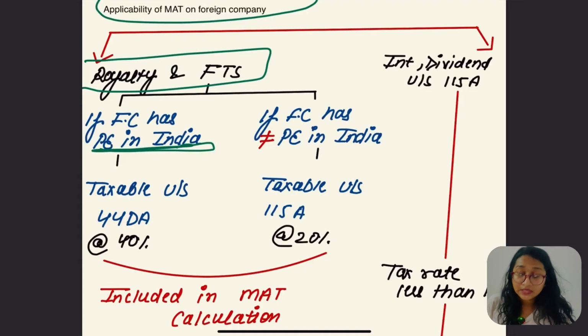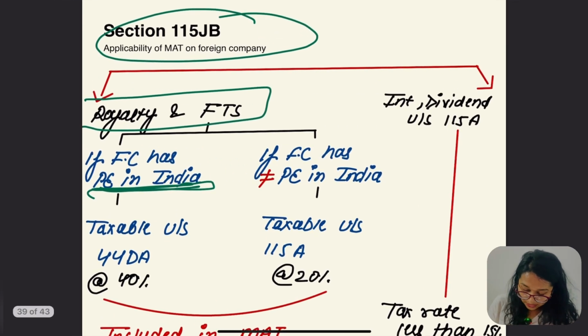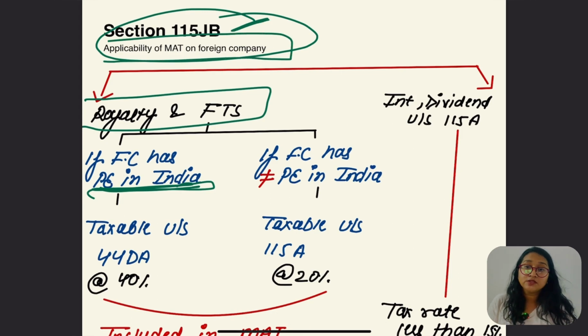So let's check again what I have said. In section 115JB, the applicability of MAT on a foreign company applies when the royalty and FTS is from India.